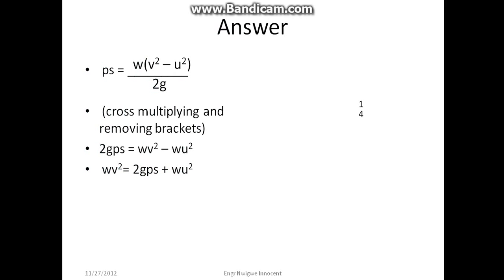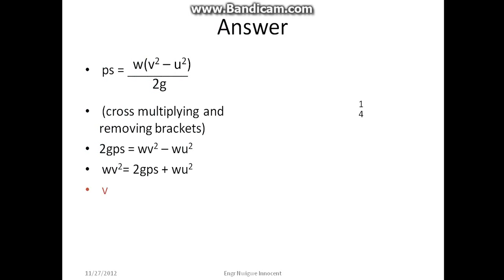Therefore, since we want to make V the subject of the formula, we now bring WV squared to the left hand side and take 2gPS to the right hand side. Then we have WV squared is equal to 2gPS plus WU squared.